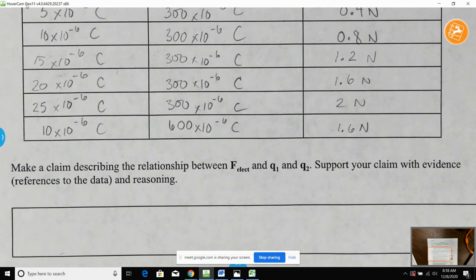Would you say that force is directly or indirectly related to the charges of Q1 and Q2?